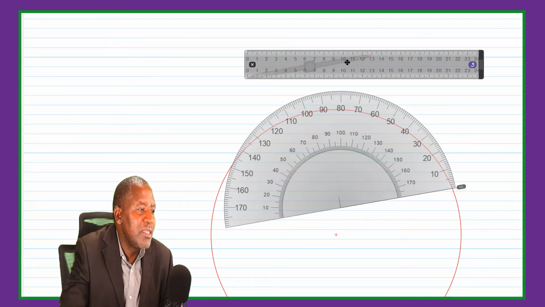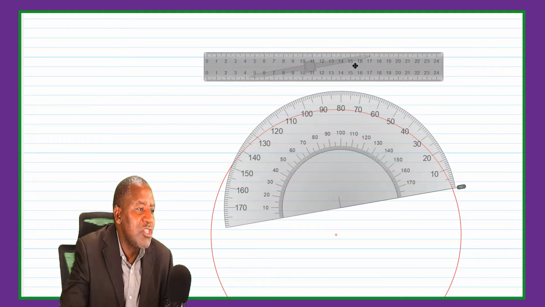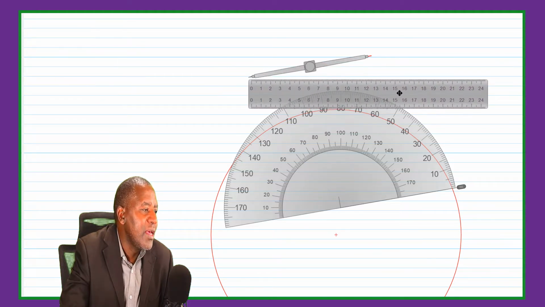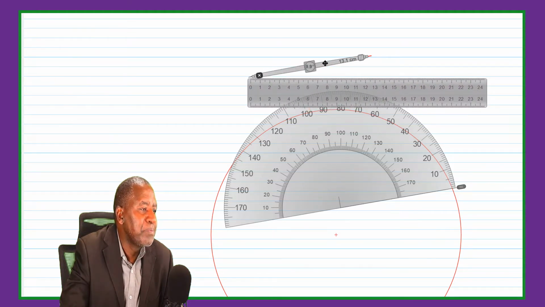You can see, for example, over here, if I want a circle of, let's say, a certain radius in centimeters, I just need to put my ruler here and orient it the way I want. That would be the center of the circle.